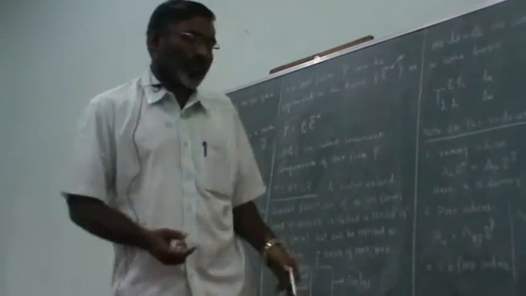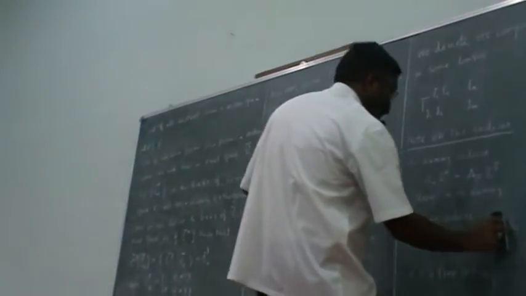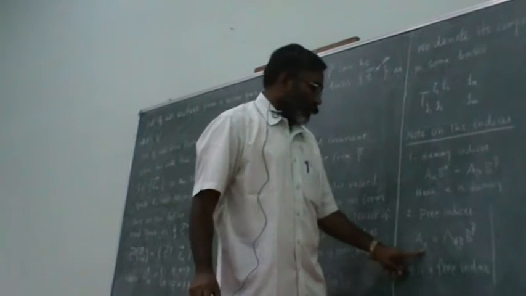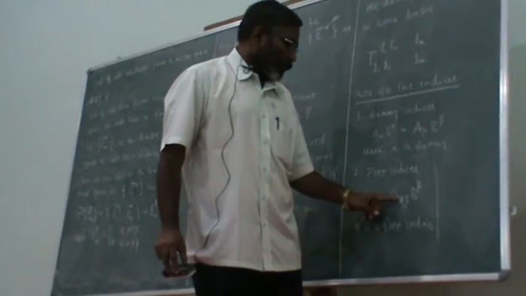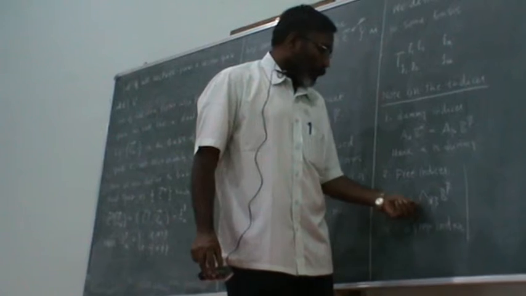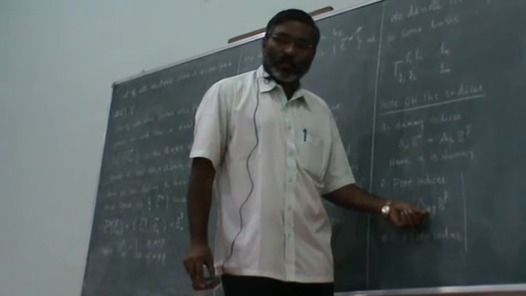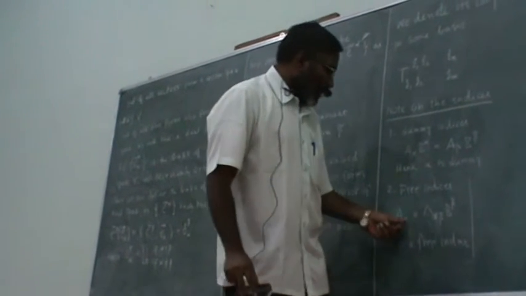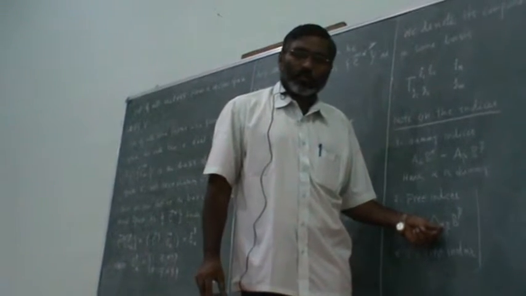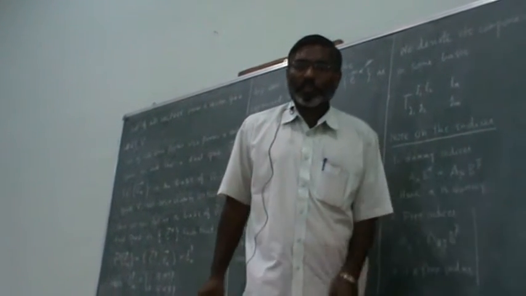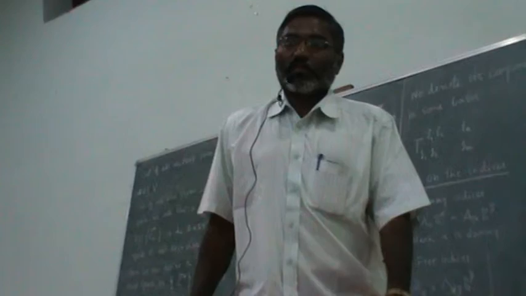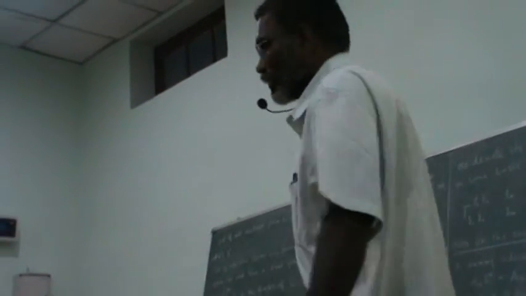When it's a free index, what does it mean? If you take alpha equal to 1, you should take alpha equal to 1 here and sum over beta. If you take alpha equal to 2, you should take alpha equal to 2 and sum over beta. So you should treat it like that, given any alpha.